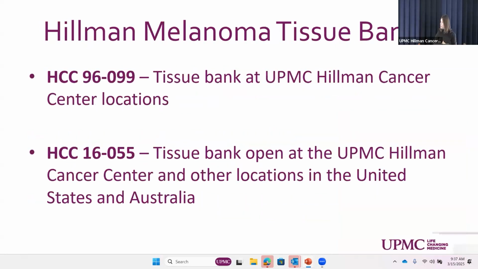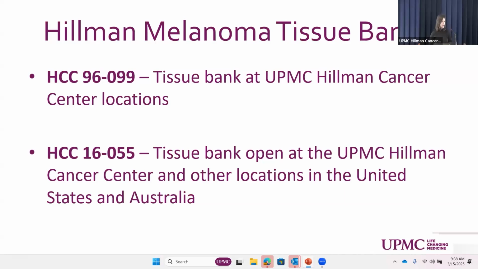So here at Hillman, we have two really important tissue banks, as Dr. Kirkwood alluded to, 9699. This is open here at our different cancer center locations and has been open since 1997. We have over 7,500 patients who have consented to this tissue bank and have given us samples as part of this study. And then we also have 16055.